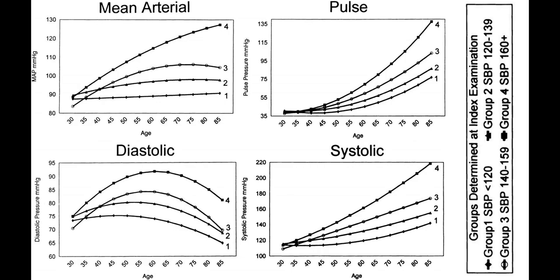Pulse pressure and also mean arterial pressure are related to the stiffness of blood vessels. They are related to blood flow. If they are improving, then certainly it is an indication of better blood flow.